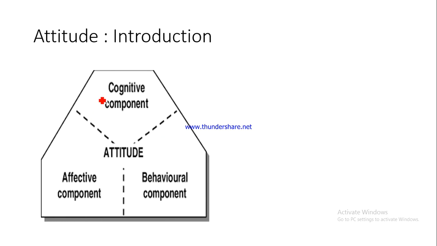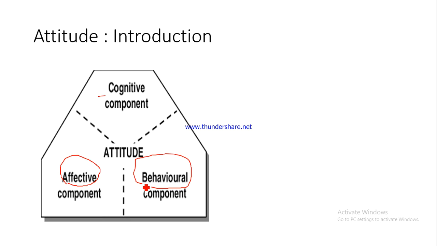The cognitive component means something related to cognition, how you think. So this component of the attitude is how you think about a particular object. Affective is what your emotions are about that particular object, whether you like that particular object or whether you don't like it. So this is the affective, emotional component, and this is the behavioral component, how you act towards that particular object, right?